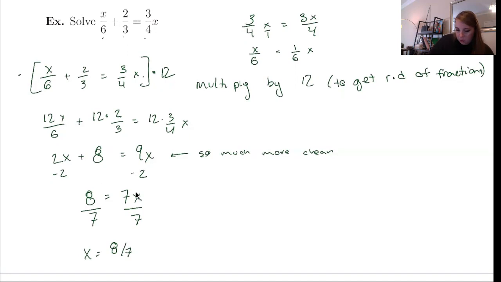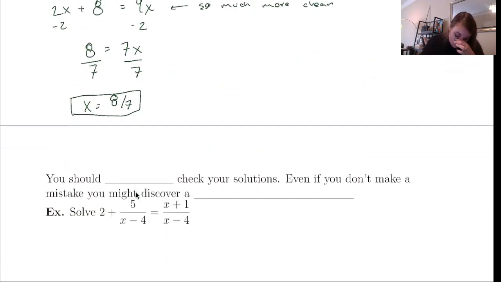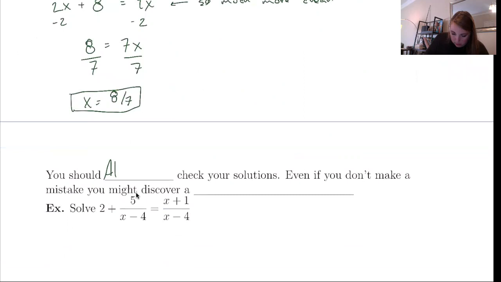It's always good to check, because there are cases where you might get a solution, but it's mysterious. I'll show you a case where that is. So you should always check your solutions. Even if you don't make a mistake, you might discover what is called an extraneous solution.